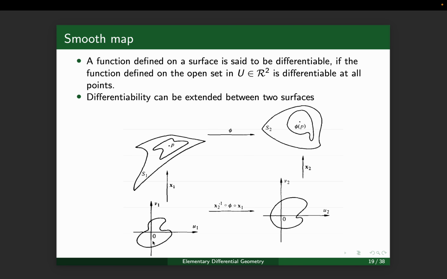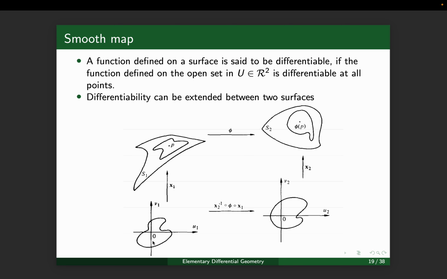A function defined on a surface is said to be differentiable if, when we map that function to an open set U in R2, it is differentiable in that set. Then we can call the function on the surface differentiable also.